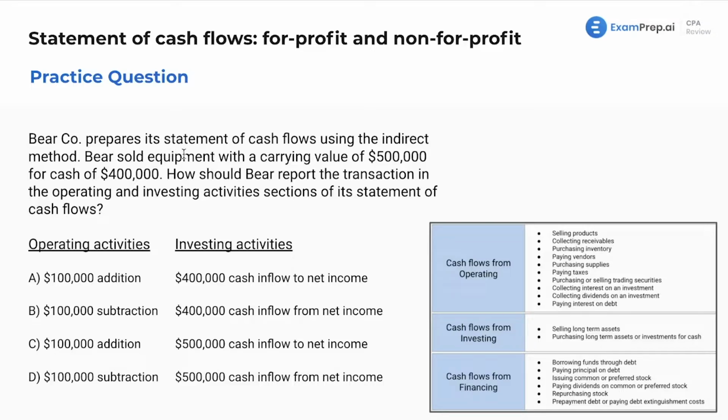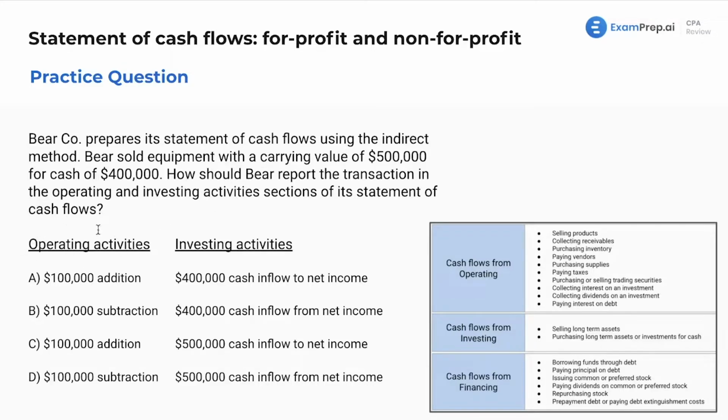So we prepare our statement of cash flows using the indirect method. We sold equipment with a carrying value of $500 for cash of $400. Now, normally I would say this $500 is not relevant because it's a non-cash flowing activity. However, we know that indirect and direct methods apply to operating activities.